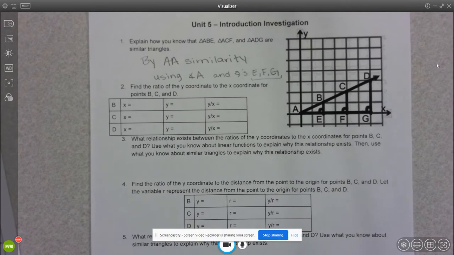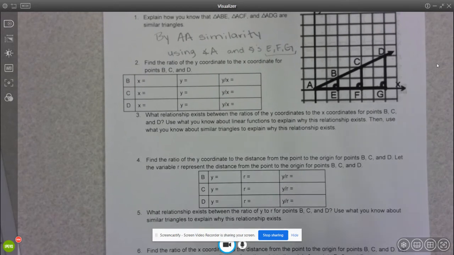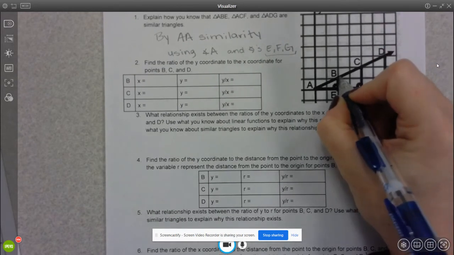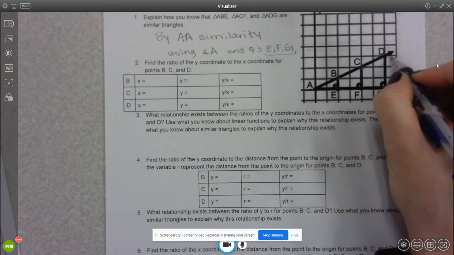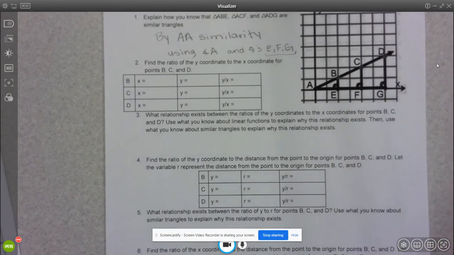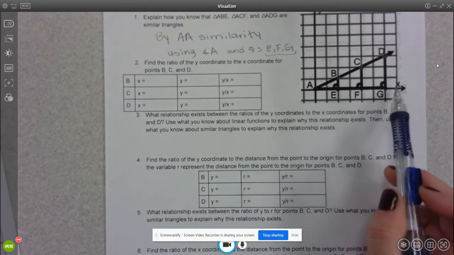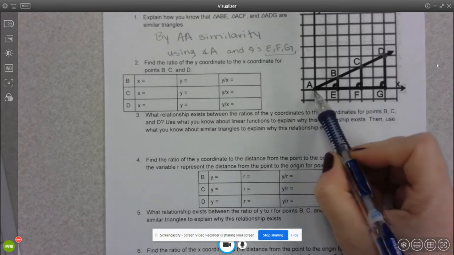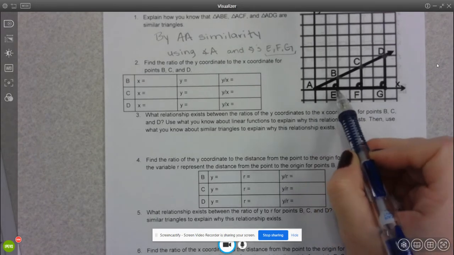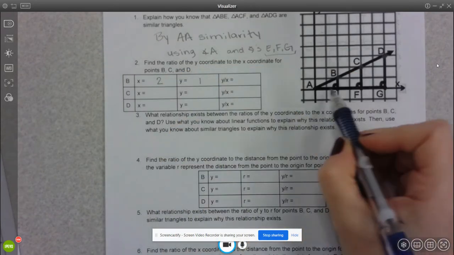All right, now we're going to actually start looking at our side ratios using our X and Y coordinates for B, C, and D. So here's B. Not that you can see what I'm doing with my pencil, but you get the idea. These are single units. The scale is 1. There's nothing crazy going on. So point B is at 2, 1. So X is 2, Y is 1.